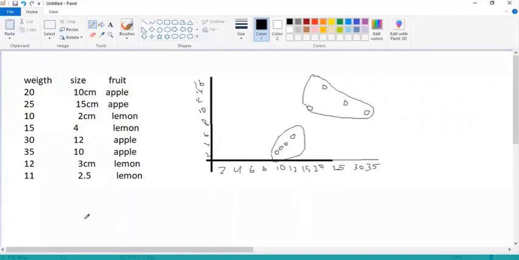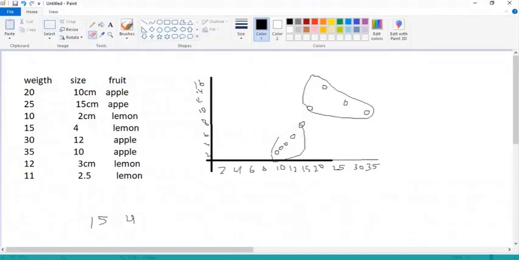Now a new data point came: 15 grams and 4 centimeters. Now, to which group does this belong?